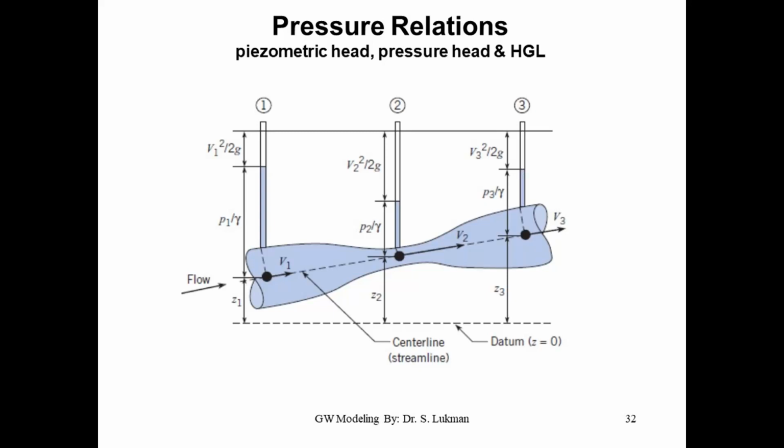When we say the total head, you have the elevation head, the pressure head, and the velocity head. And that is what is referred to as the energy grade line. I hope you have now been, not upgraded, because this is something you should have known in your previous courses.